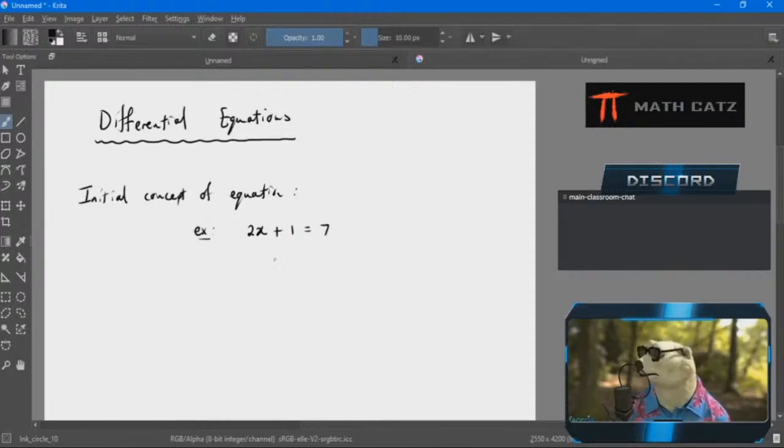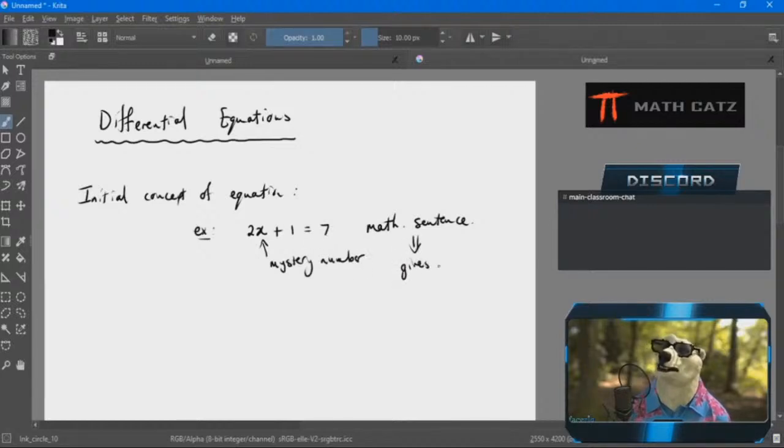You're practicing the algebra, whatever. This is our concept of an equation. So it's a mathematical sentence giving me information about this missing or mystery number. And the sentence gives me information to find what that missing number is.